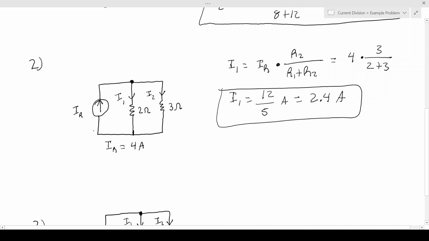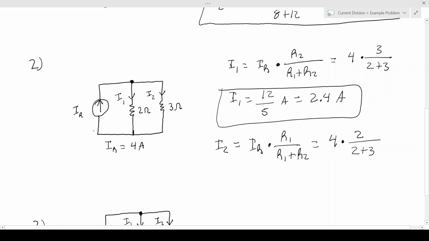Okay, let's solve for I2. We do the same thing. We write our equation down, the current division equation for I2. And then we plug in the values and evaluate the equation. So IR is equal to 4 amps. R1 is equal to 2 ohms.